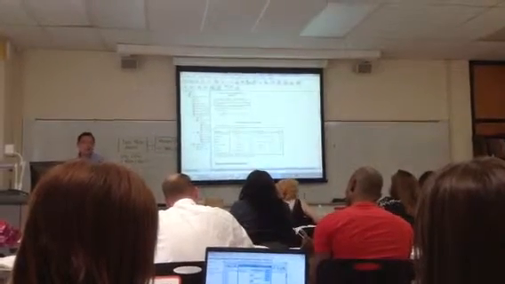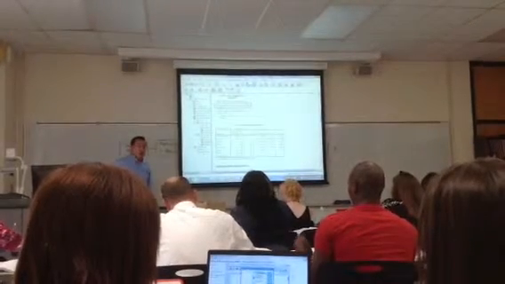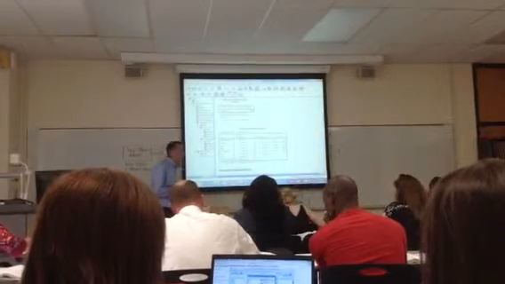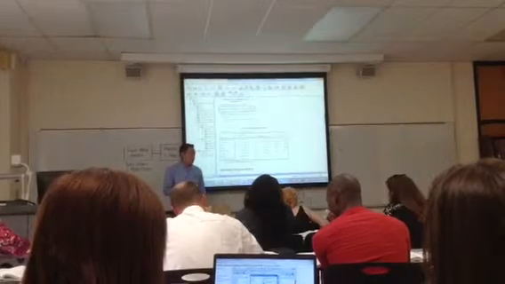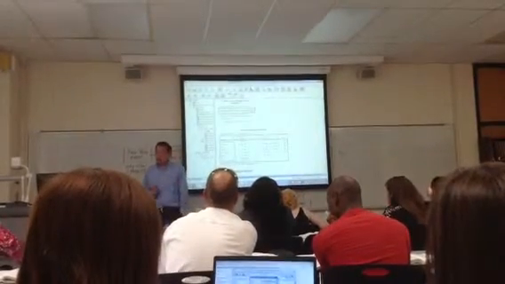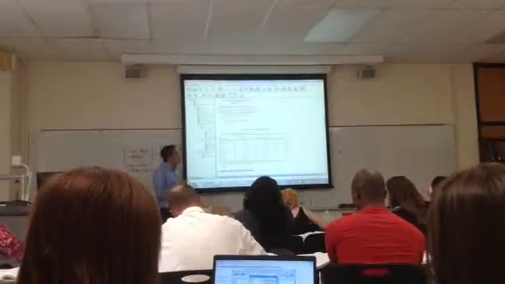Levene's test is what we use to test the assumption of homogeneity of variance, HOV. What should we want P to be? Greater than alpha. Greater than 0.05, is it?